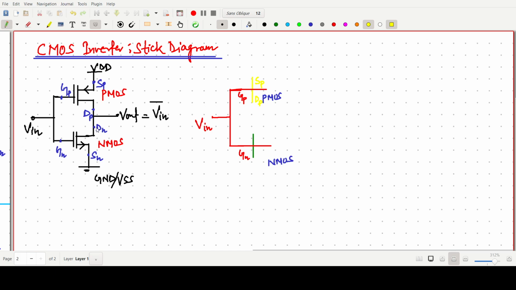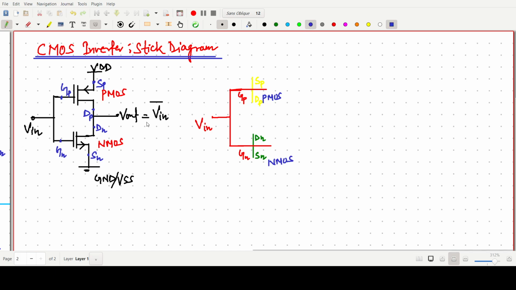Now this one is the drain of N, and this one is the source of N terminal. Now say these two are connected, through a metal or directly connected.